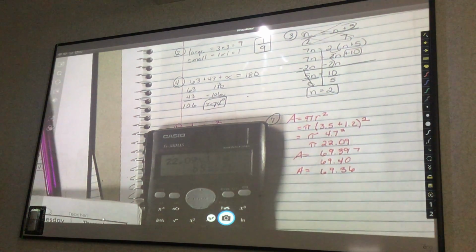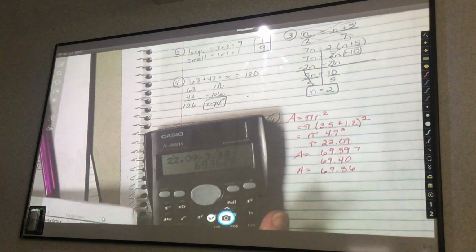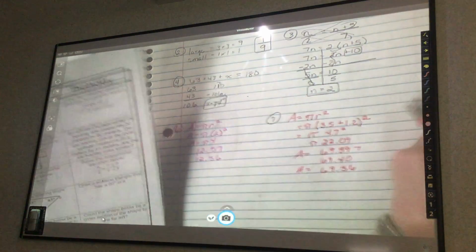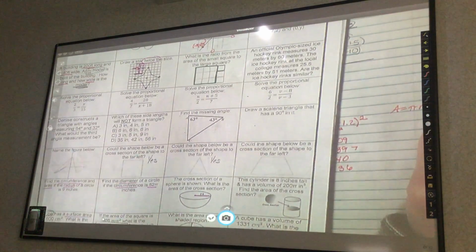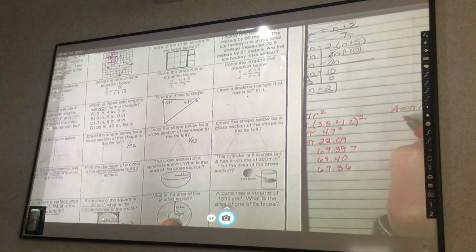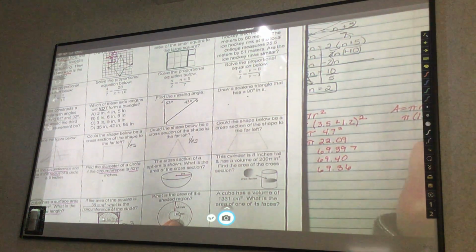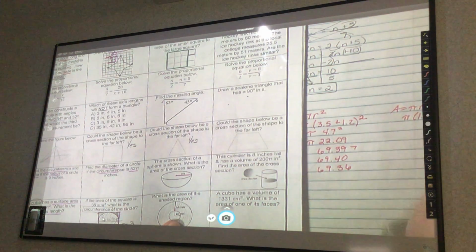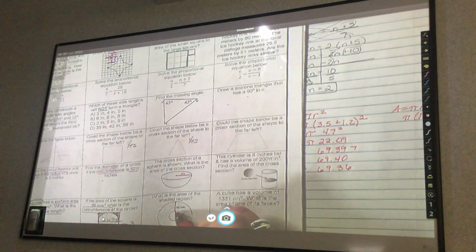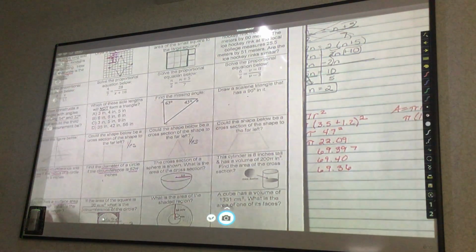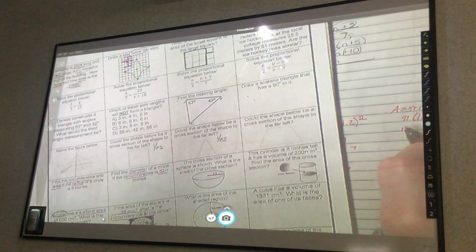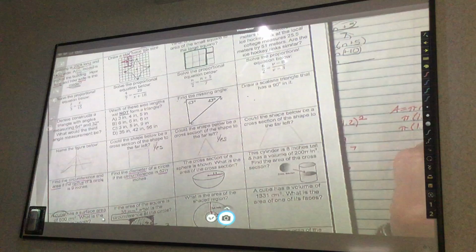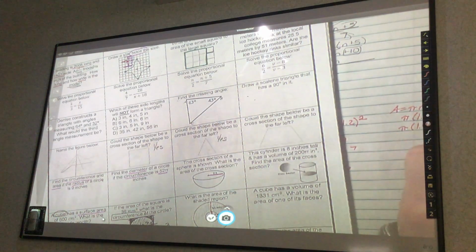Then I'm going to find the area of the small circle. So the area of the small circle, area equals pi r squared. So it'd be pi times 1.2 squared. Because I just want the radius of that small circle. So 1.2 times 1.2. So then I have pi times 1.44.